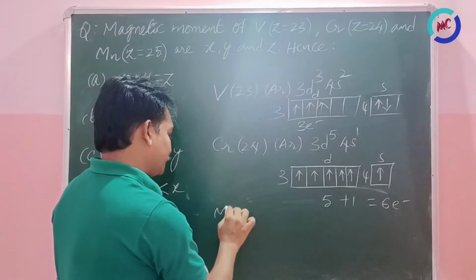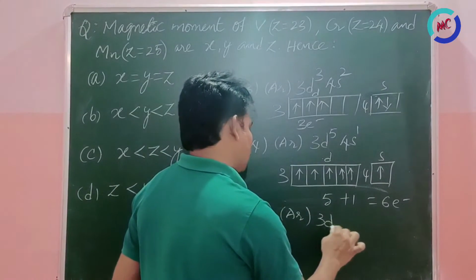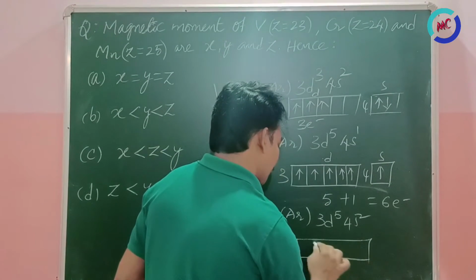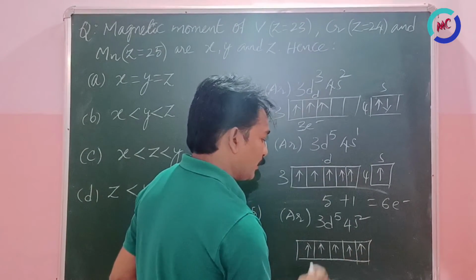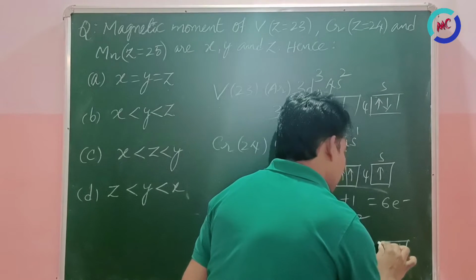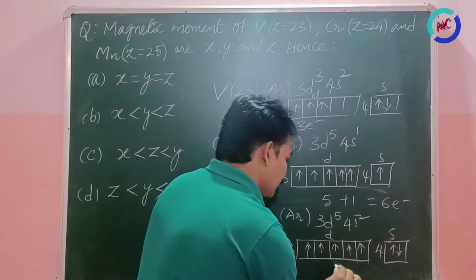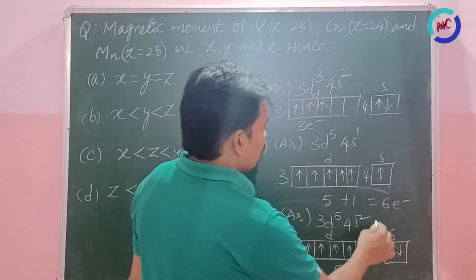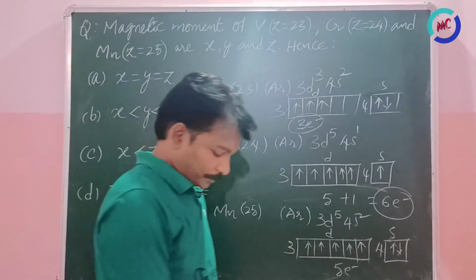And next one, manganese, atomic number 25, configuration argon 3d5 4s2. 1, 2, 3, 4, 5 unpaired electrons in 3d and a pair of electrons in 4s. 5 unpaired electrons in manganese, 6 unpaired electrons in chromium and 3 unpaired electrons in vanadium.